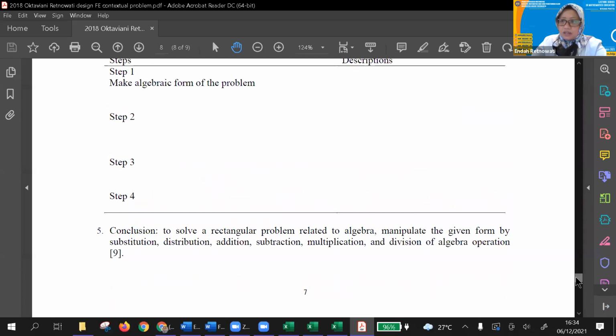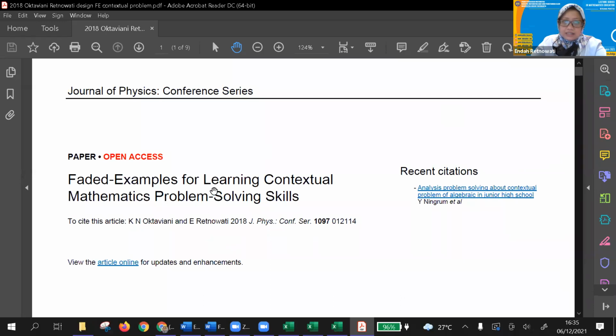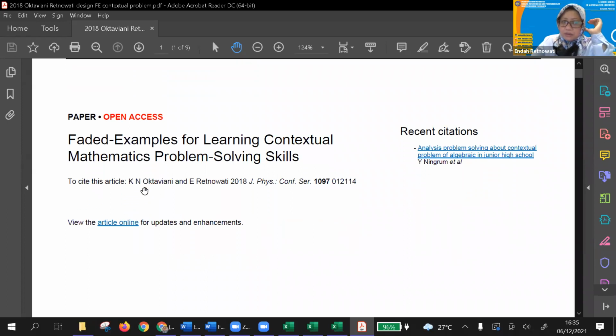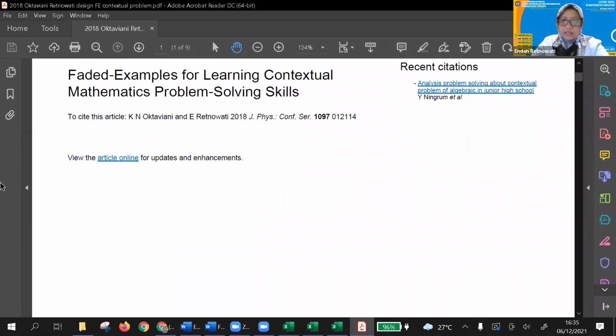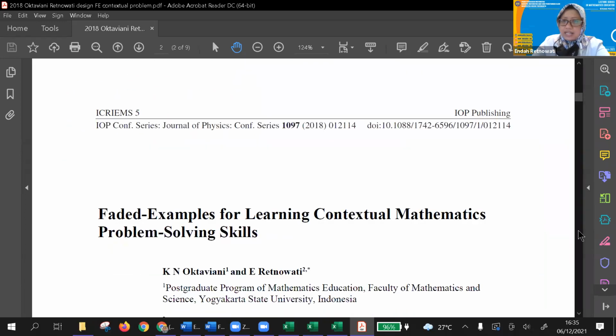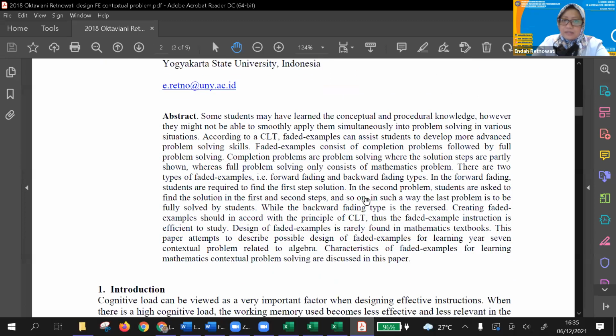examples. So you can find this paper here, the title, Faded Examples for Learning Contextual Mathematics Problem Solving Skills. It's from Kartika Octaviani and me, like 3 years ago. So basically, we talk about examples on how to create faded examples and some explanations why we create faded examples, that because it has completion effects.